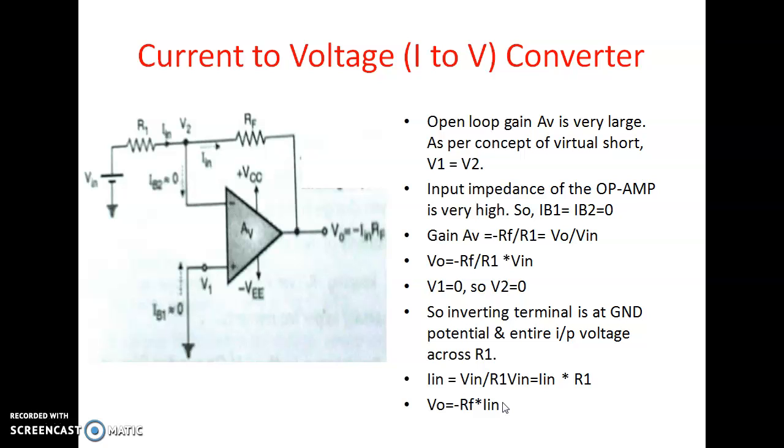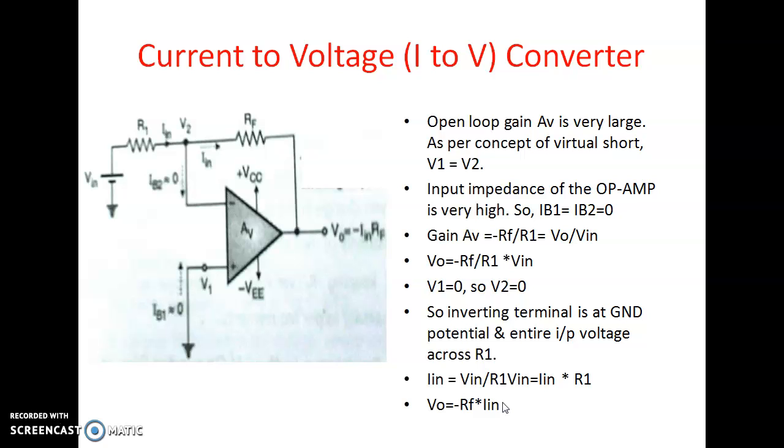We can say there are two possible problems in the I to V converter circuit. That is, there is a possibility of closed loop instability, and the accuracy of conversion depends on the introduction of drift errors. So these errors should be reduced. When you go for a high sensitivity I to V converter, the gain or scaling factor can be increased by increasing the values of resistances used.